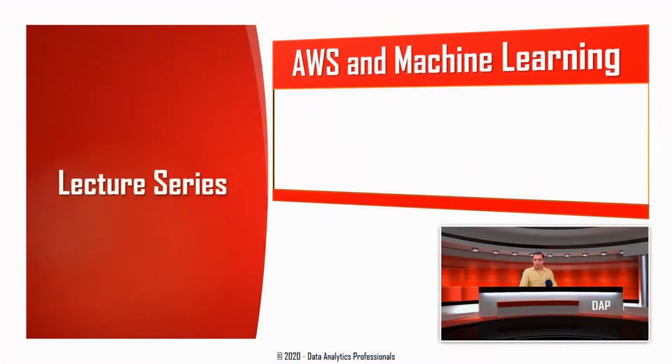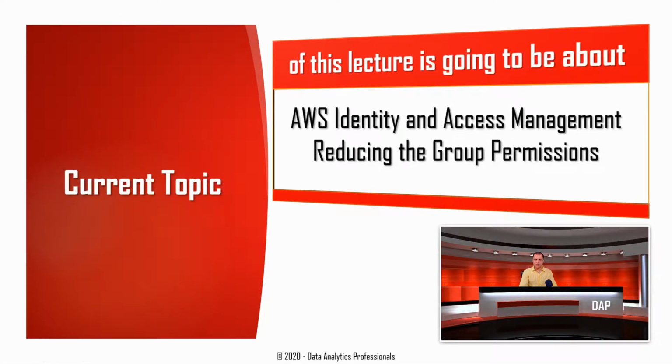Now, as all of you know, this is a lecture series about AWS and machine learning, and the current topic of this lecture is AWS Identity and Access Management, and we are going to look into reducing the group permissions.